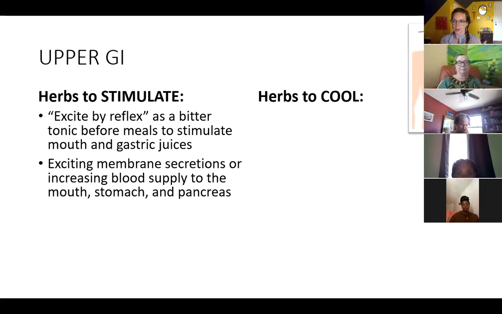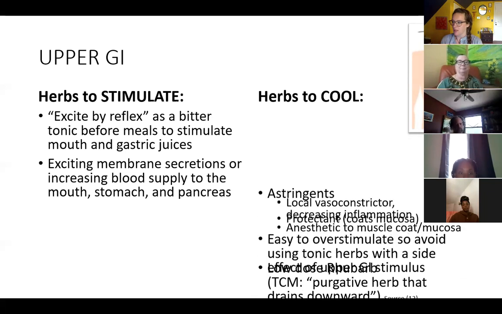So sending more blood is sending the things it needs to stimulate and heal that area of the body. It's also opening it up for that healing to come in. You notice that to stimulate is to bring up heat and movement, and to cool is to slow down and close.